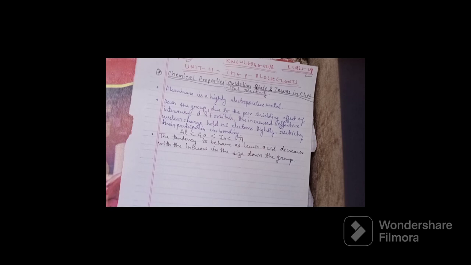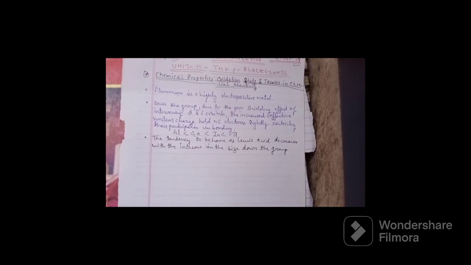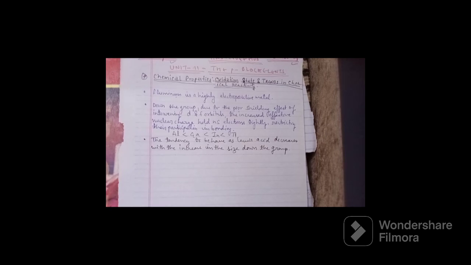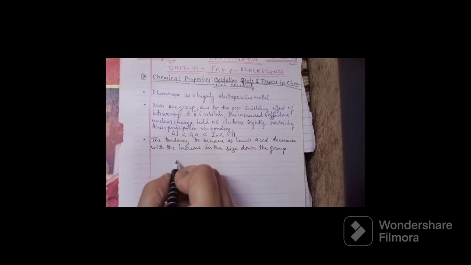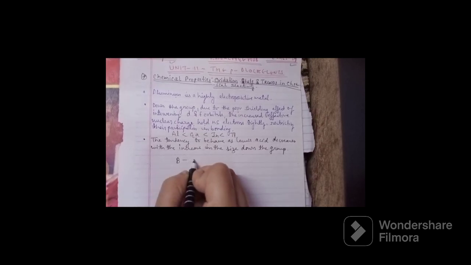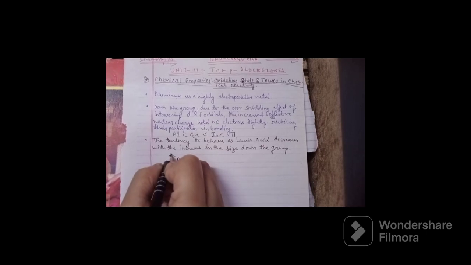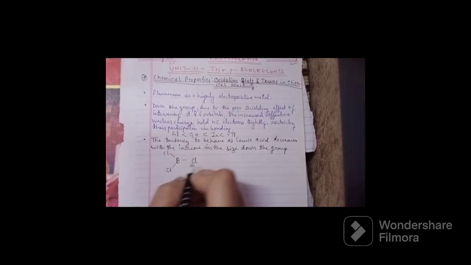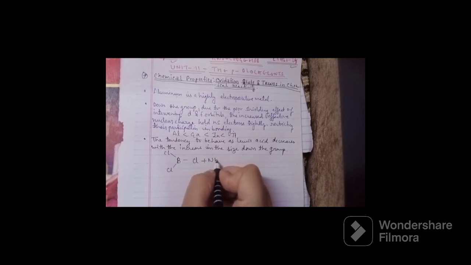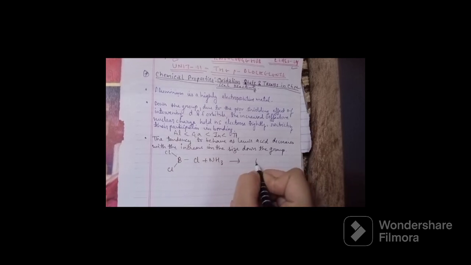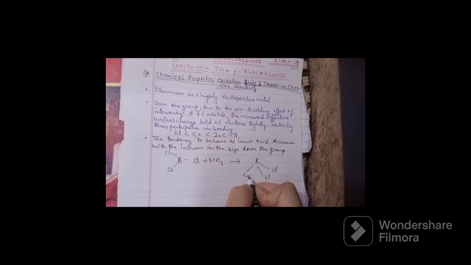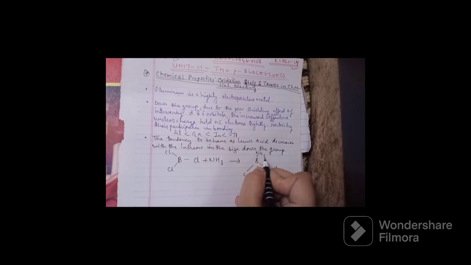BCl3 easily accepts a lone pair of electrons from ammonia, so BCl3 plus NH3 forms BCl3·NH3.